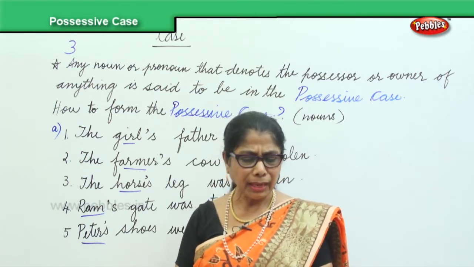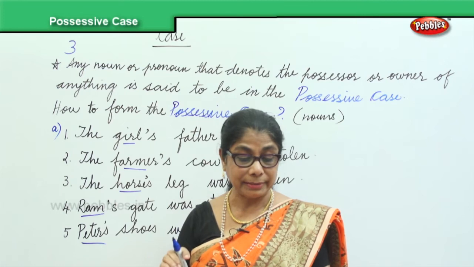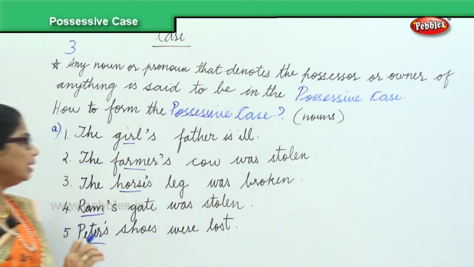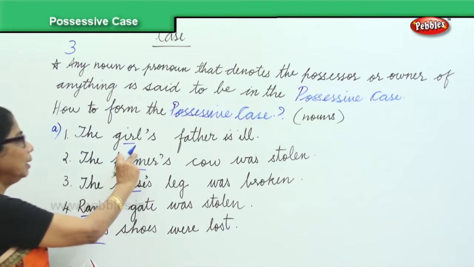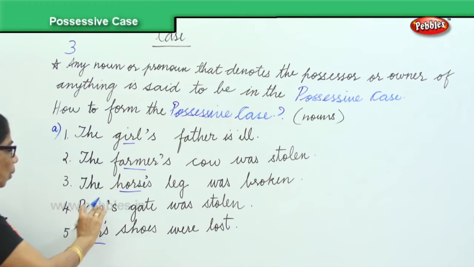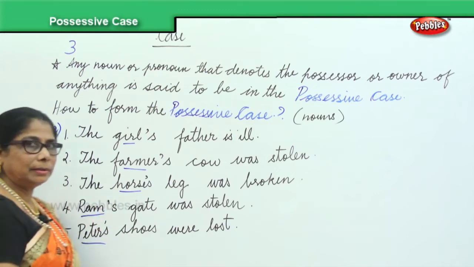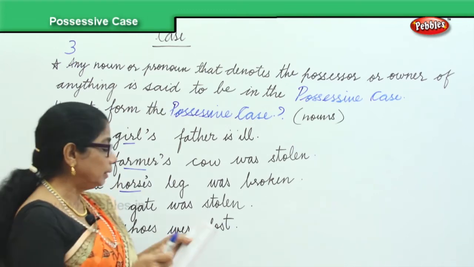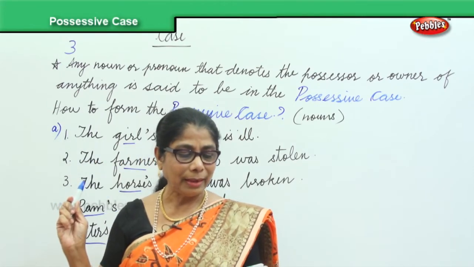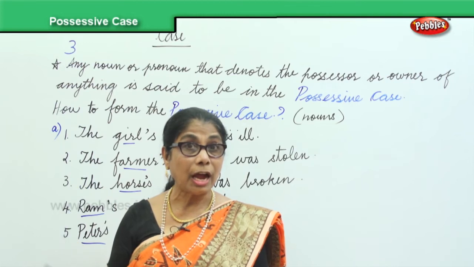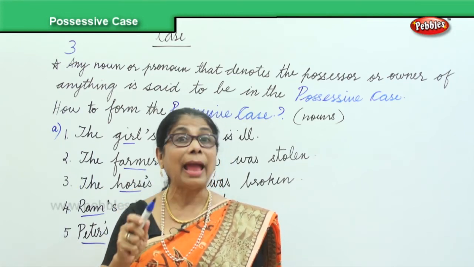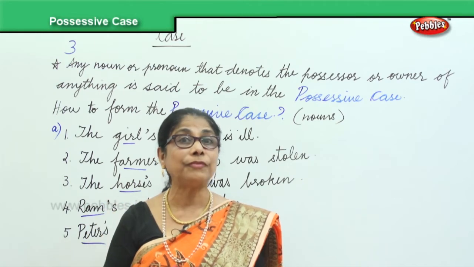Now, the nouns in the possessive case are in the singular number. One girl, one farmer, one horse, one Ram, one Peter. So in these cases, the singular nouns are formed by adding an apostrophe and then an S.